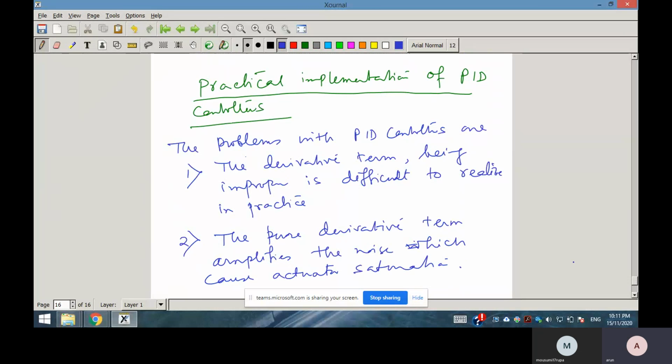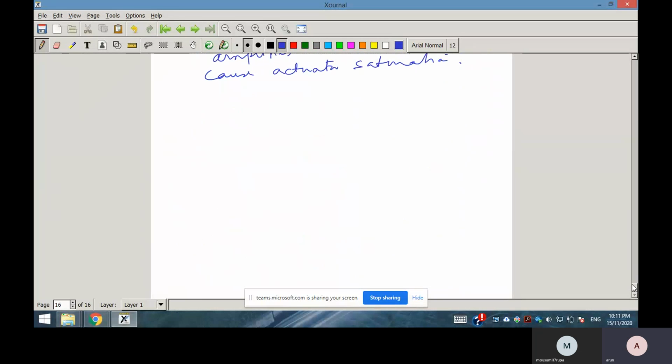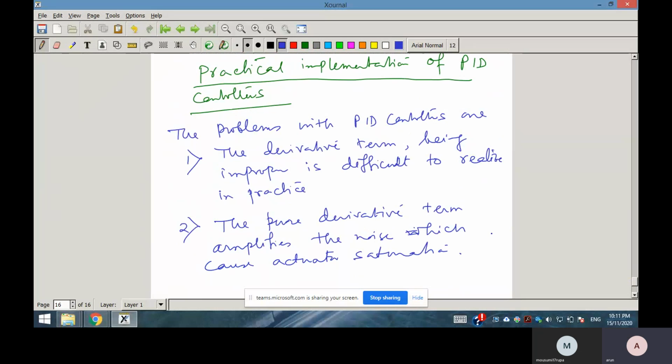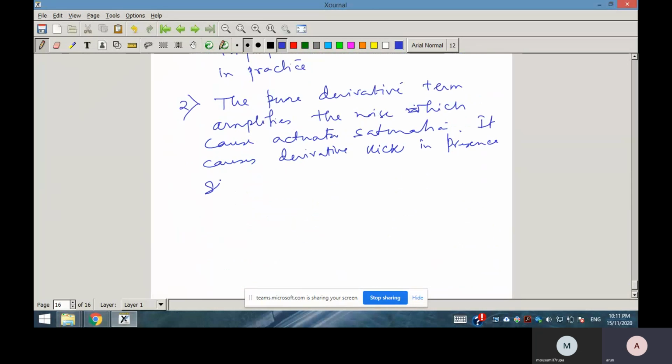Not only that, the pure derivative term also causes derivative kick in the presence of a step reference.